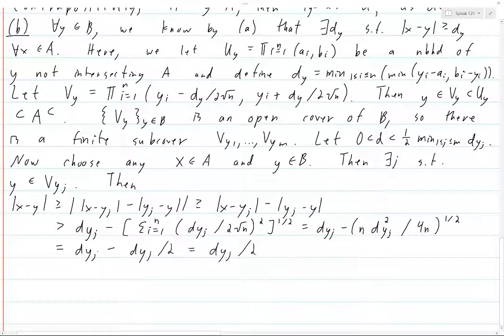And we chose d to be less than 1/2 the minimum of the dyj's. So in particular, d will be less than this particular dyj. So this is greater than dy. So for any x in A and y in B, the distance between x and y is strictly greater than dy.